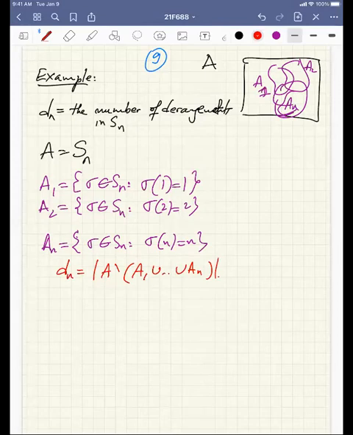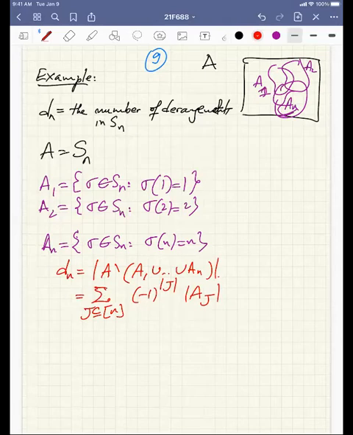So all we have to do now is first write down the formula from the principle of inclusion-exclusion, which we haven't proved. We'll prove it in a second. It's going to be something like this. And now let's figure out what each of these things are. What is A_J? When J is the empty set, this is going to be Sn, so that's not difficult.